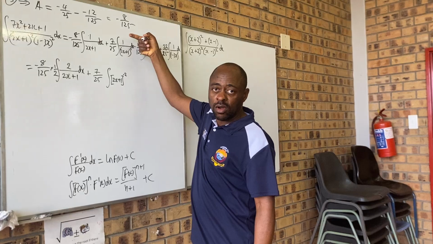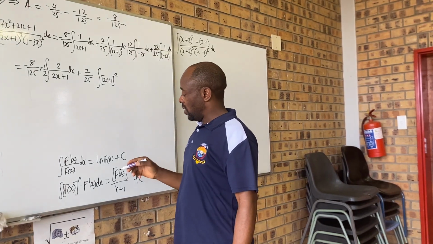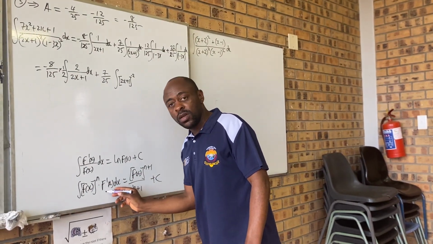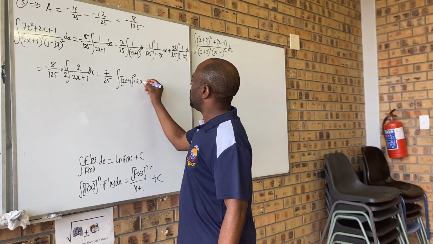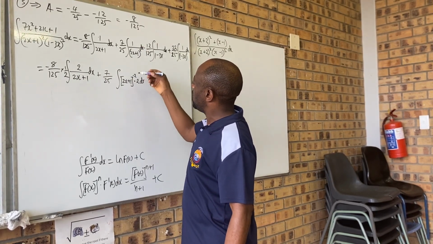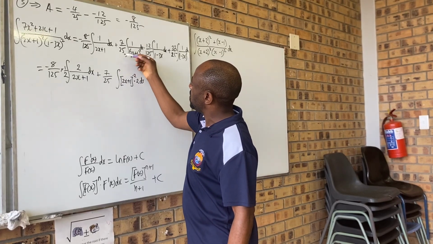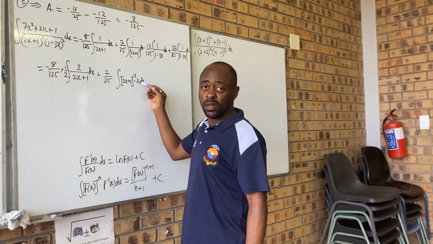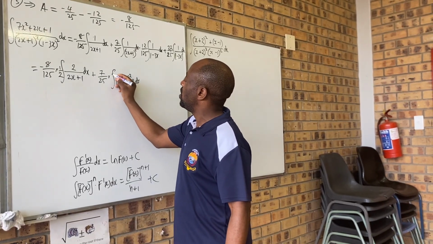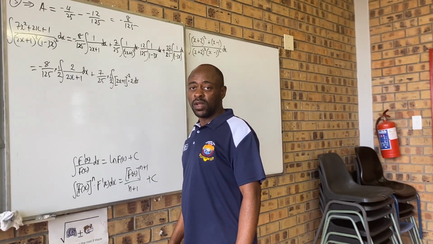When that goes up, it becomes negative 2. Then you differentiate the function and put next to it the derivative of 2x plus 1, which gives me a 2. Now if you compare to the original, you see that 7 over 25 is there, 2x plus 1 to the power negative 2 is there, but this 2 is not there. So I need a number to take care of the 2, and that forces me to put another half outside.